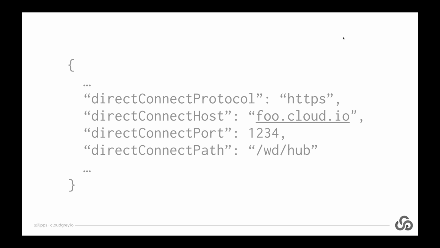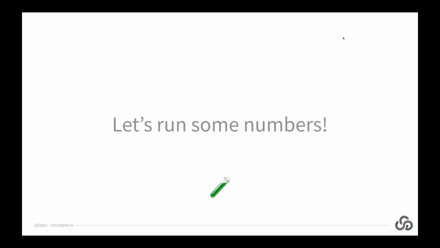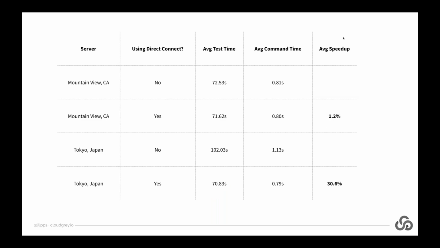So HeadSpin was able to implement this for me, so I was able to, again, gather some data on the actual consequences of using this feature in terms of time lost due to latency. So again, let's run some numbers. The way that this test worked was very similar to the way that the execute driver script test worked. I basically had all the test clients located in my office in Vancouver, and I ran tests on devices located in California and Tokyo, Japan, sometimes using Direct Connect and sometimes not using Direct Connect.